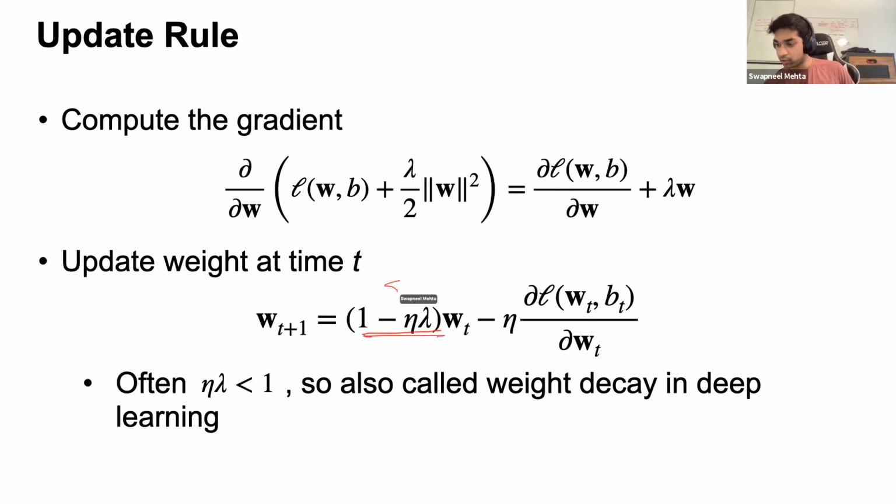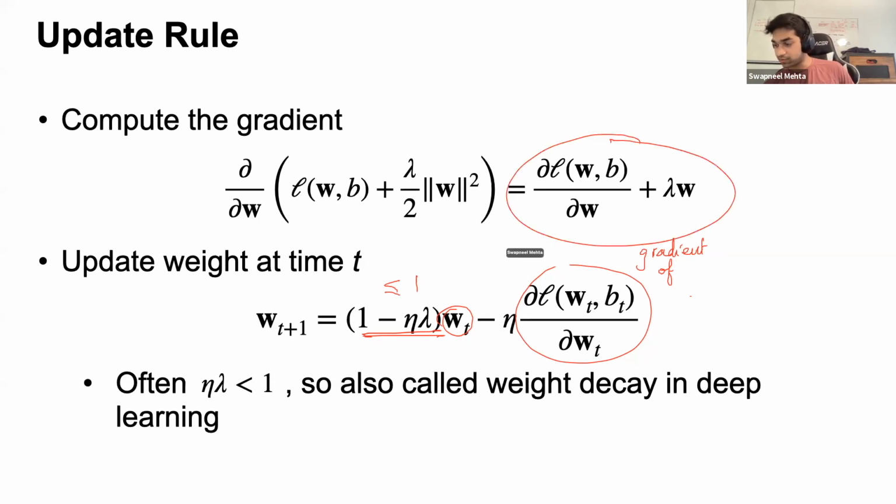So this is some quantity less than or equal to 1 times the original weight, minus eta times your gradient of loss. Well, I shouldn't say gradient of loss because this entire thing is the loss function, right? It's the new loss function. So gradient of, I don't know what to call this term. But anyway, that is what your update rule reduces to.